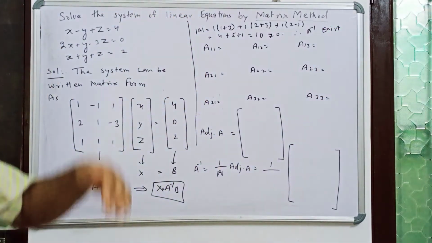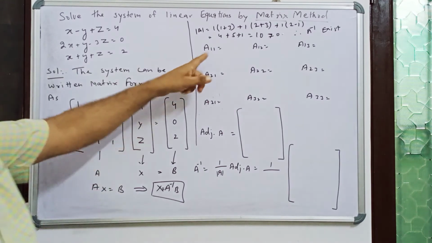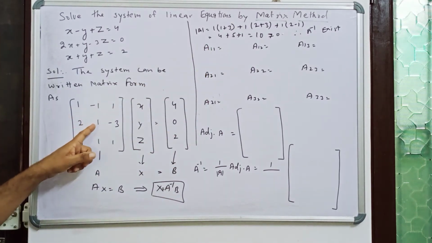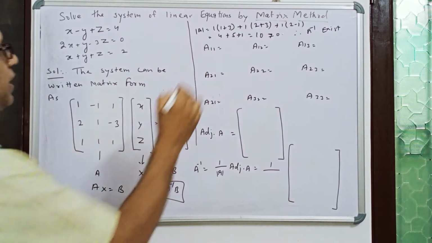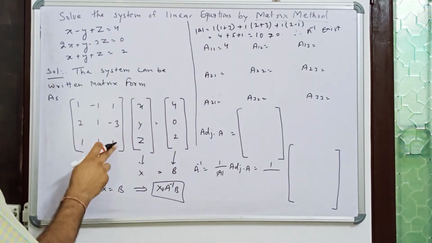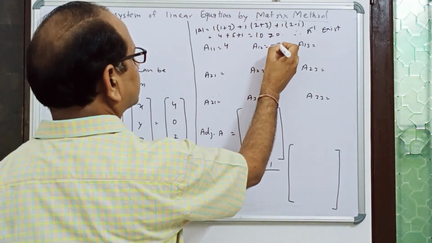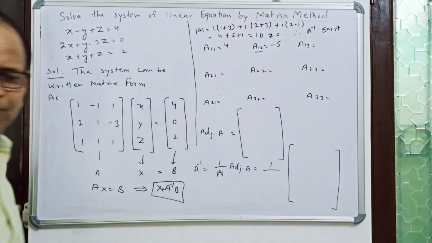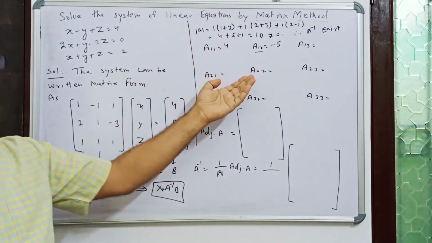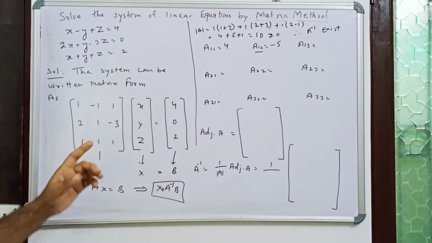Now we will calculate the value of all the 9 cofactors. The first we are starting from A11. So it is 1 plus 3, that is 4. For A12, it is 2 plus 3, 5, minus 5, because this is an odd sum. We have already discussed this many times in many problems. I am taking this as a revision also now.